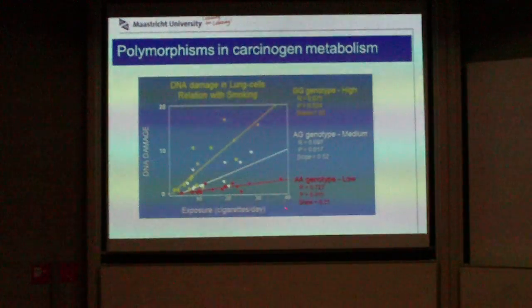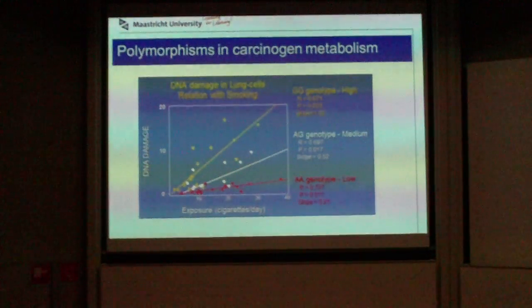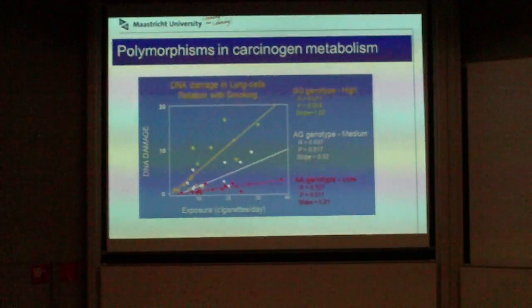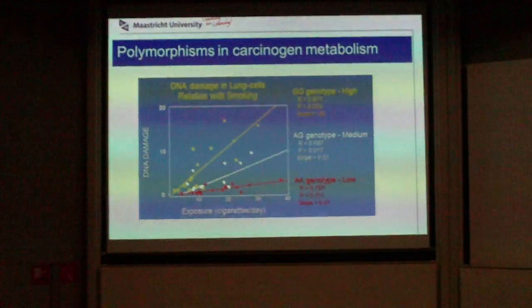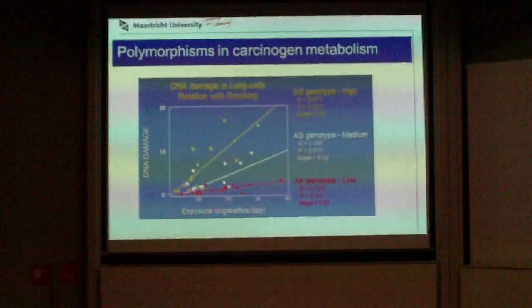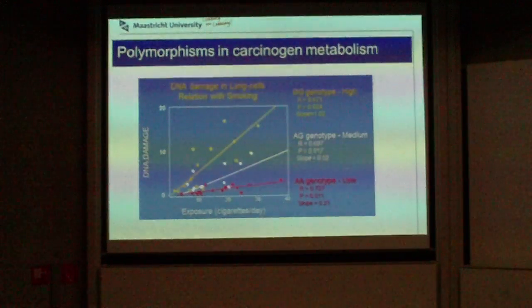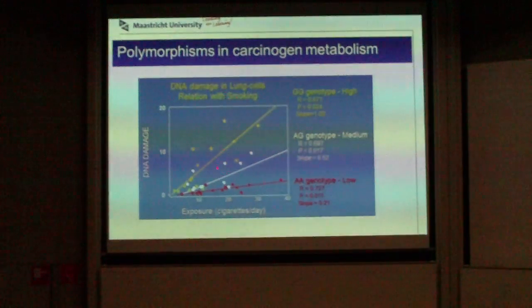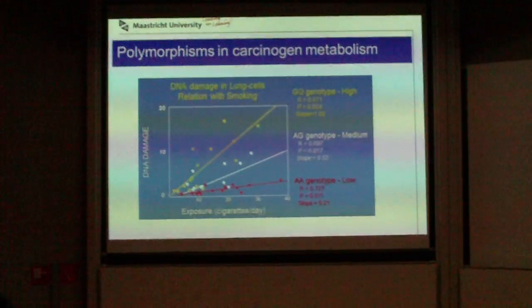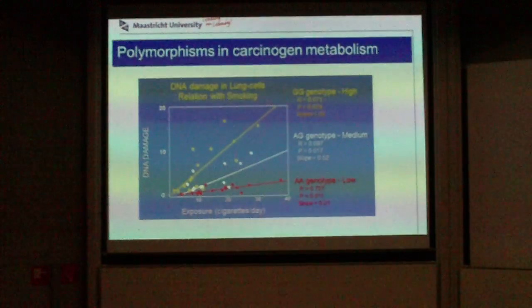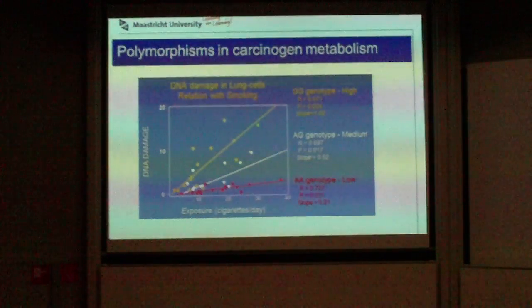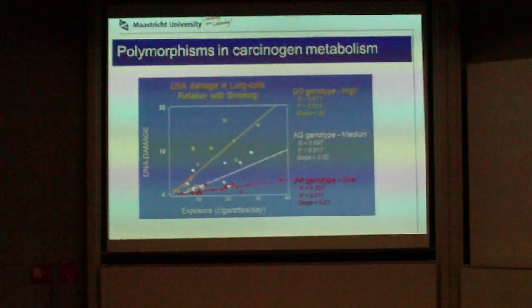And the low metabolizers, who do this at a very low pace, and these intermediates are also removed in what we call a second phase elimination process, detoxification, you see that the level of DNA damage is much lower. And so you can imagine that if you have this genotype of the polymorphism, you are more susceptible than when you have another genotype.